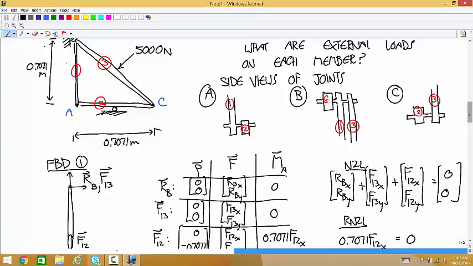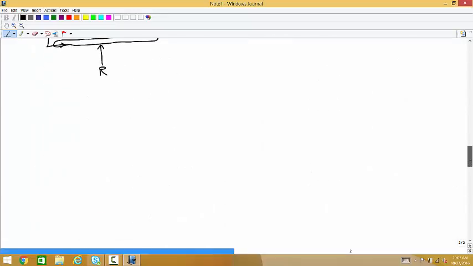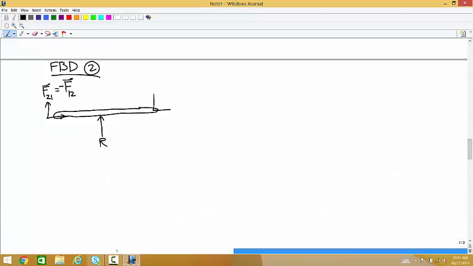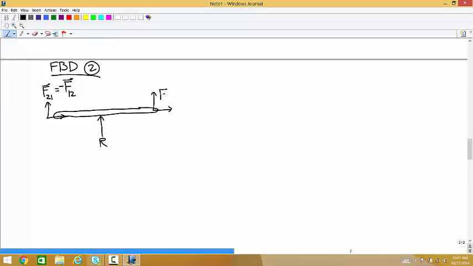Just 3. So we have F23 on 2 by 3. I'm going to put the about point over here for this one.